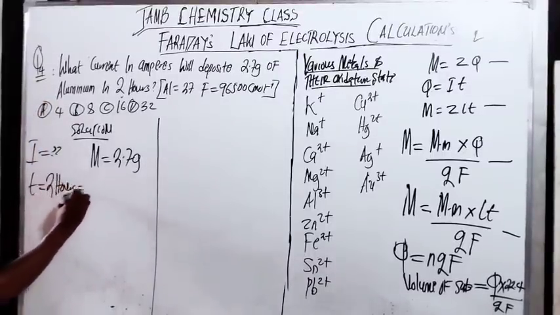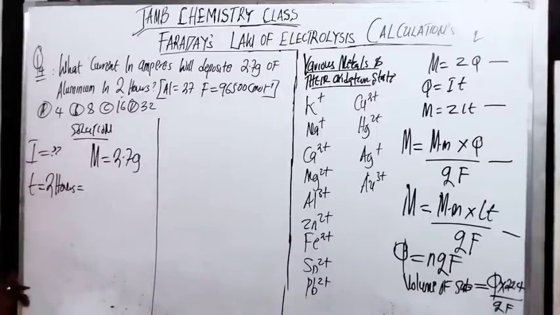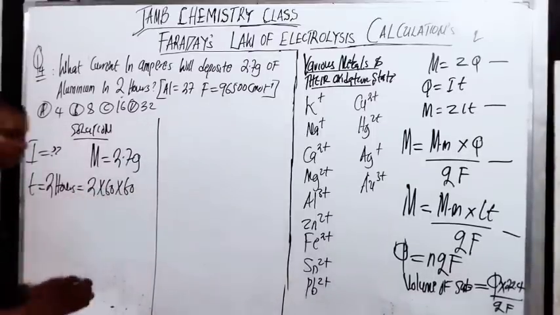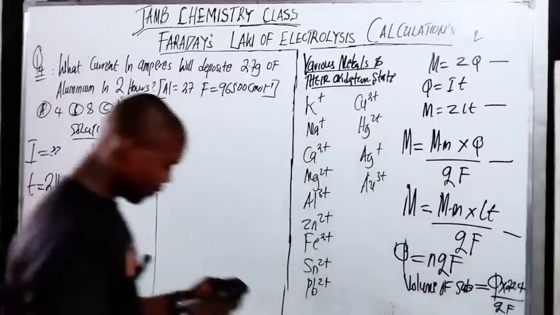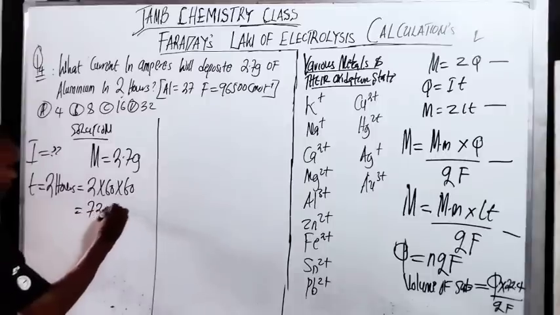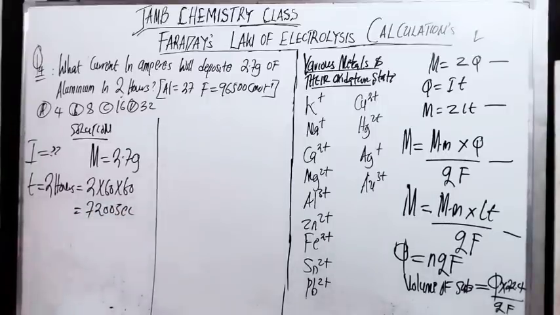So we convert these hours to seconds. So it's going to be 2 times 60 times 60. Here we have 7,200 seconds, right?